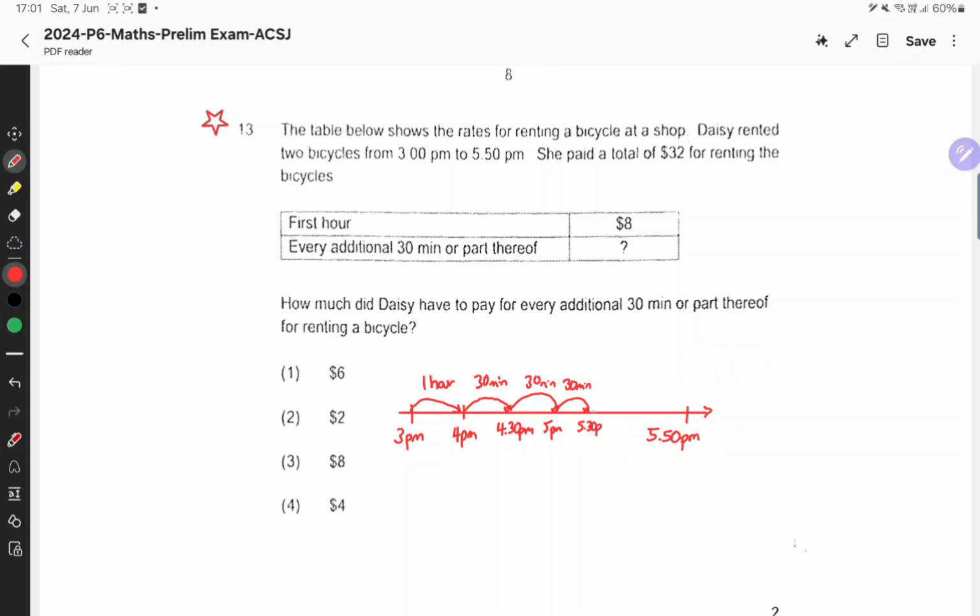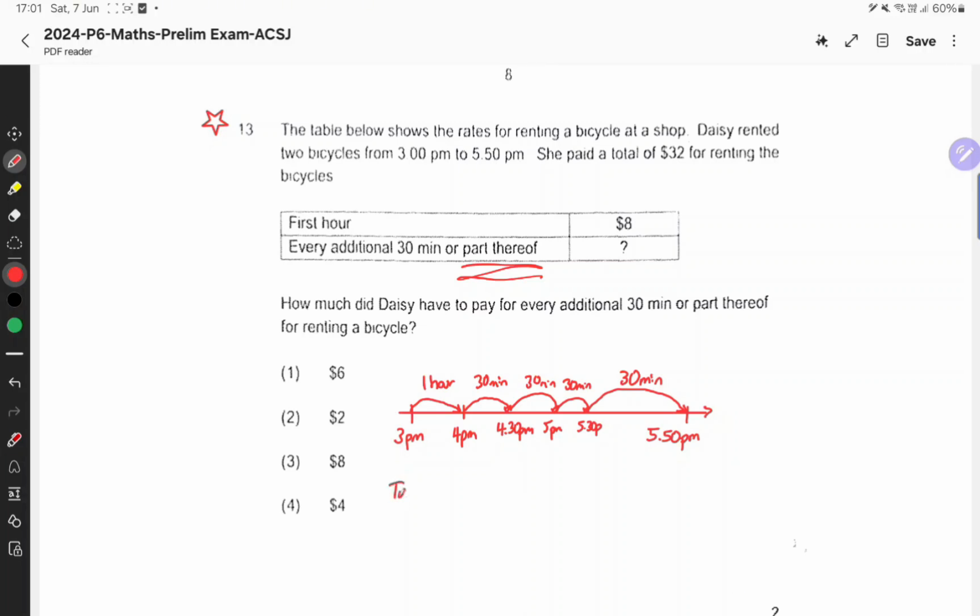And then from 5:30 p.m. to 5:50 p.m. it is another 20 minutes. But in this case, because of the words part thereof, we will just count it as 30 minutes. Right now, how much money do we require in total?